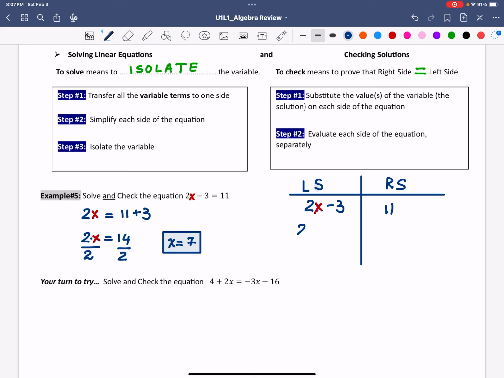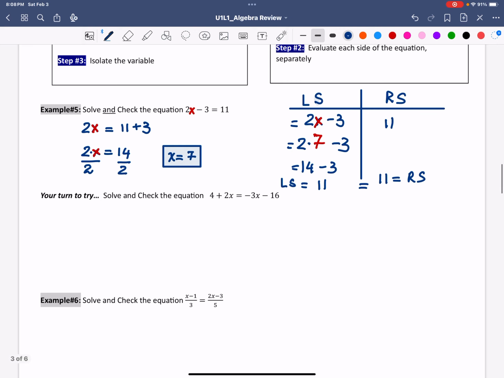So that means we have 2 times 7 minus 3. On the right side, in this particular equation, we have nothing that we want to replace. So that's 14 minus 3, or 11. So the left side equals 11. And as you can see here, the right side is also 11, which means that left and right are equal, which means the solution is correct.